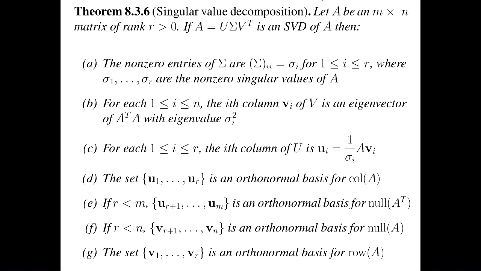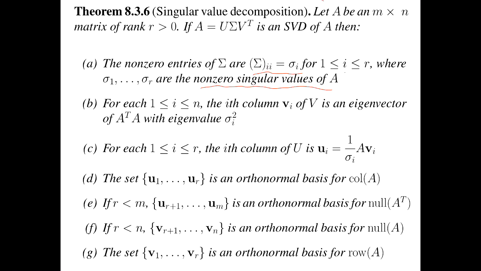For example, the non-zero entries of the diagonal m by n matrix sigma are just sigma I, for I from 1 to R, the rank of A. These sigma I are the non-zero singular values of A.